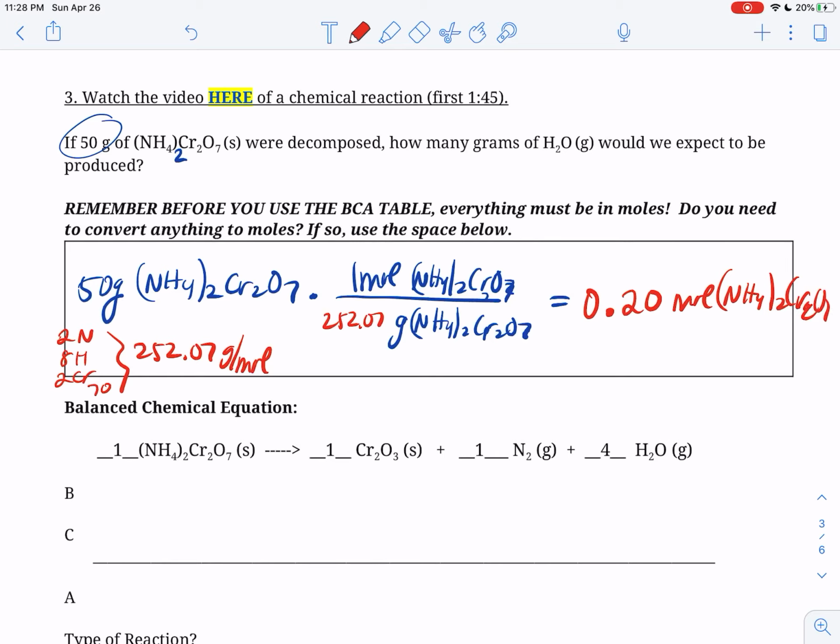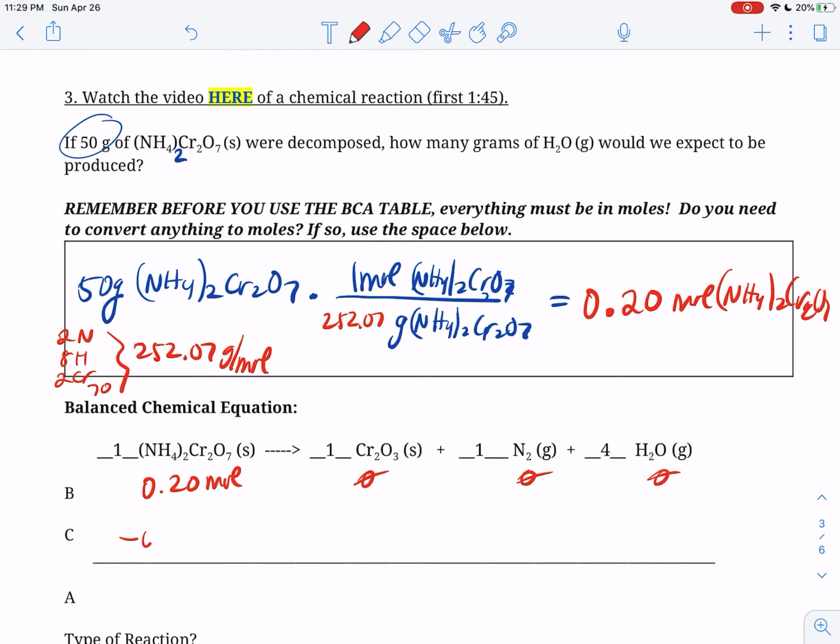Okay, so I went ahead and balanced this one for you because it was not that tricky, but a touch tricky. So let's see what we're given. There's nothing else, so all the product is going to be 0.